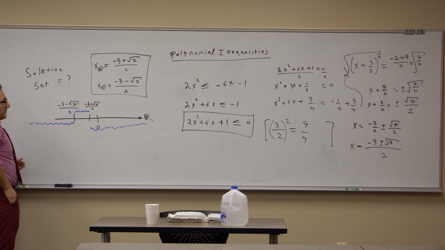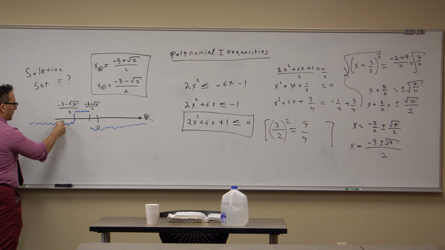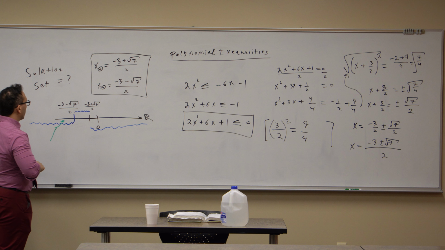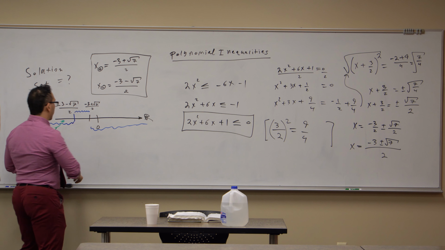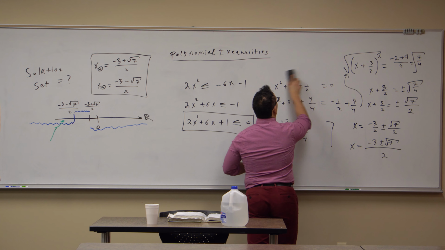Okay, let's find some value here that is on the left. Some number that's to the left of this. Clearly, negative 3 is to the left of that. So we'll use negative 3 in our calculation.